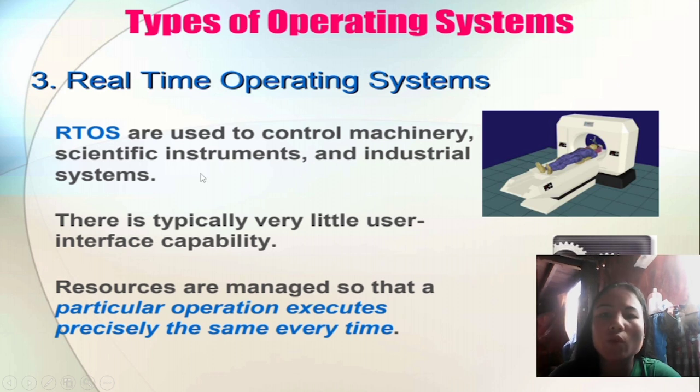Okay, next. Third is real-time operating systems. RTOS are used to control machinery, scientific instruments, and industrial systems. There is typically very little user interface capability.